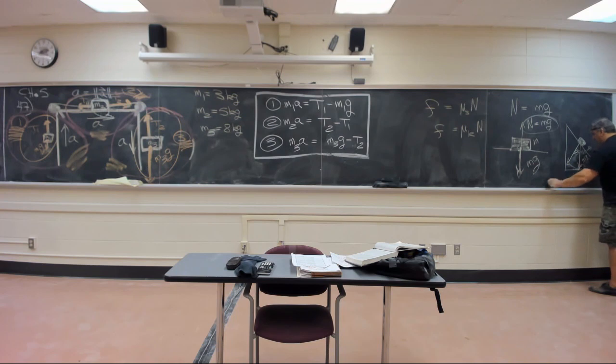So what happens here is, if this is mg straight down, this is mg cosine theta. And the table exerts a normal force equal to mg cosine theta.